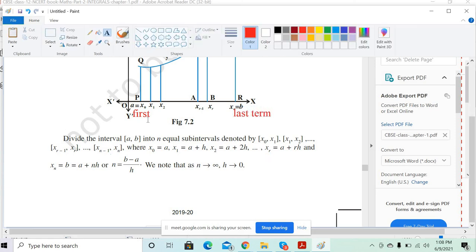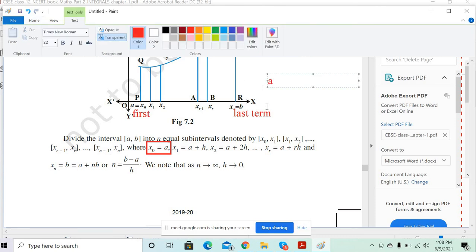Now as per the AP, x naught is the first term, so x naught is a. Is it okay? Second term, what is the formula for a of 2? A of 2 is equal to a plus d.